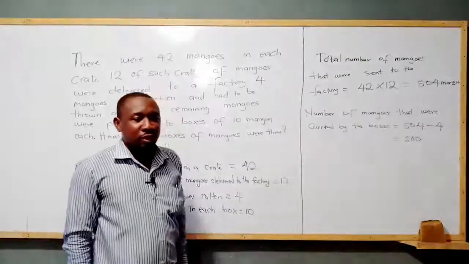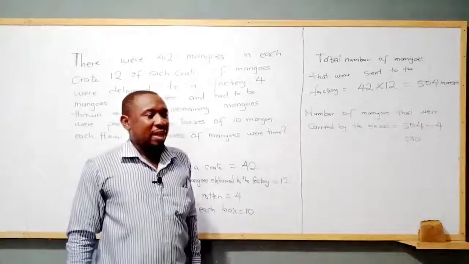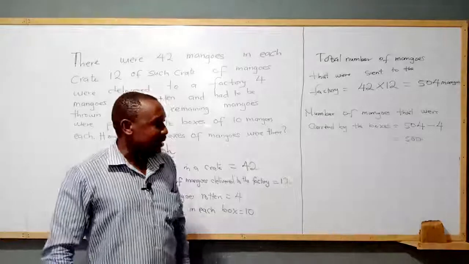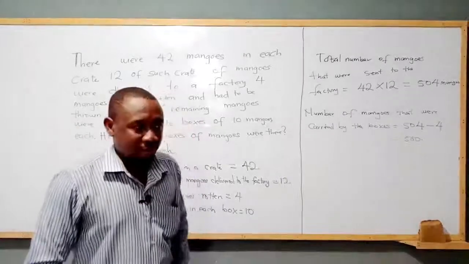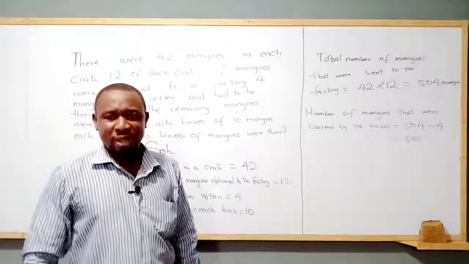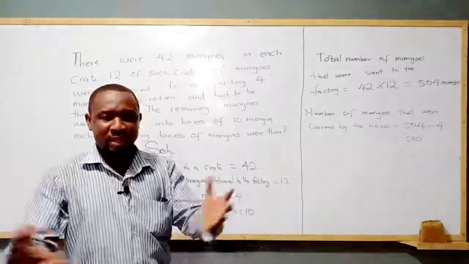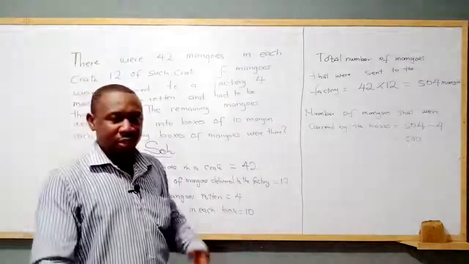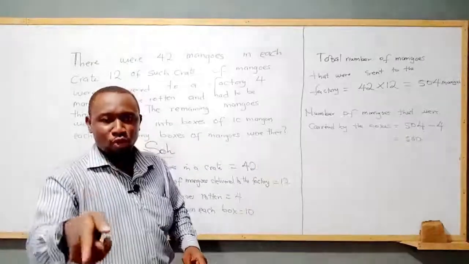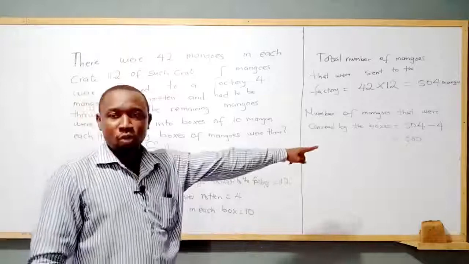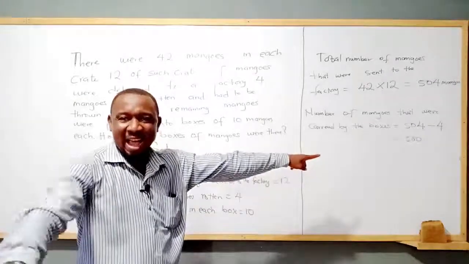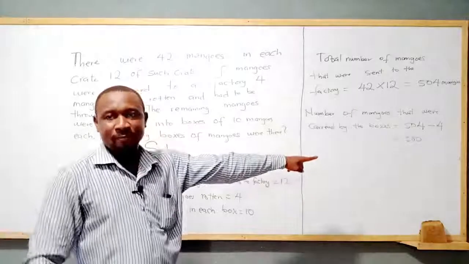So if you are a boss of an institution and you are told that 500 mangoes have reached your processing point, bring some containers for delivery, then you need to calculate and find out the number of boxes that you are supposed to make available to contain the 500 mangoes at the factory point.